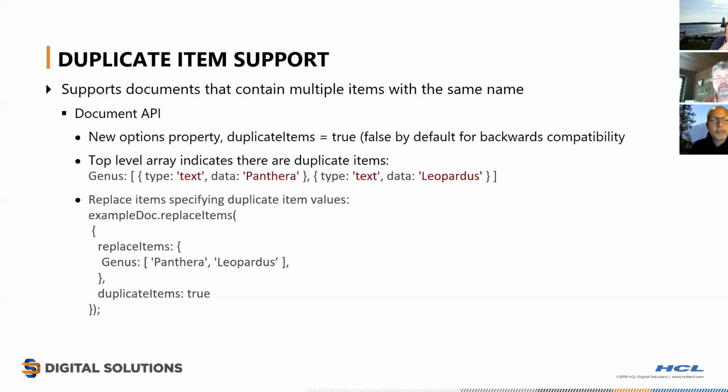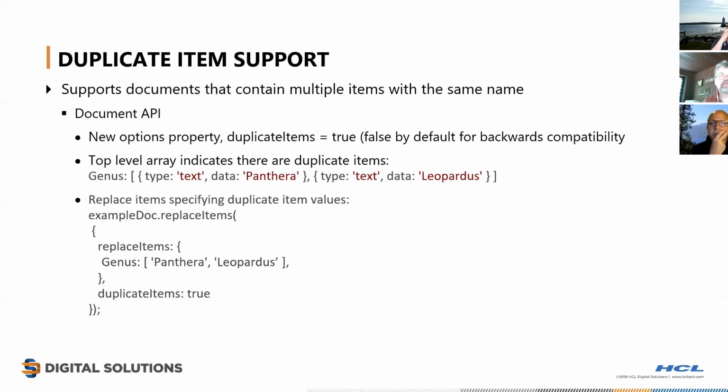The idea here, though, is we don't want to break existing apps that may have been working sort of by accident, right? So you have to specify the property duplicate items equals true to actually get this behavior to happen. But now you can get multiple items to come back to you in an array.